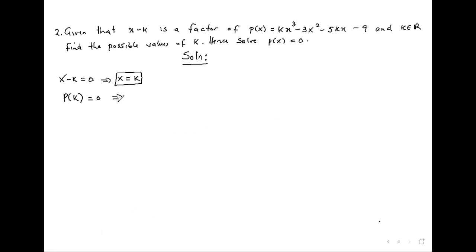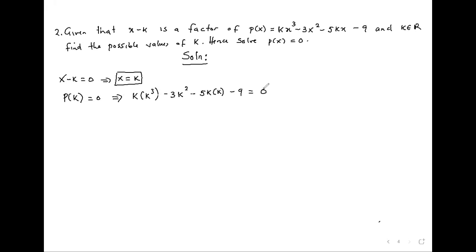Where there is x in the polynomial, we'll substitute k, so k to the power 4 minus 3k squared minus 5k squared minus 9 is equal to 0.